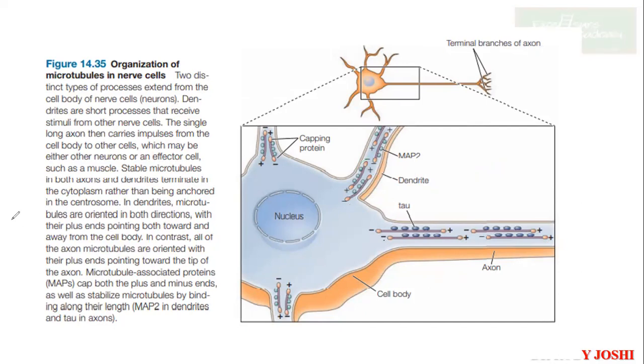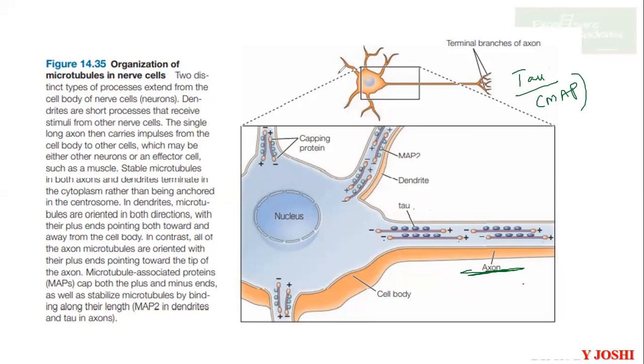Did you get it? So MAP2 is associated with your dendritic microtubules which are present in the opposite direction, whereas in the axon it's your tau protein which is associated with the microtubules. Now if anyone asks what is tau protein, tau protein is nothing but your MAP, microtubule associated proteins. They are present in this way in the axon region.